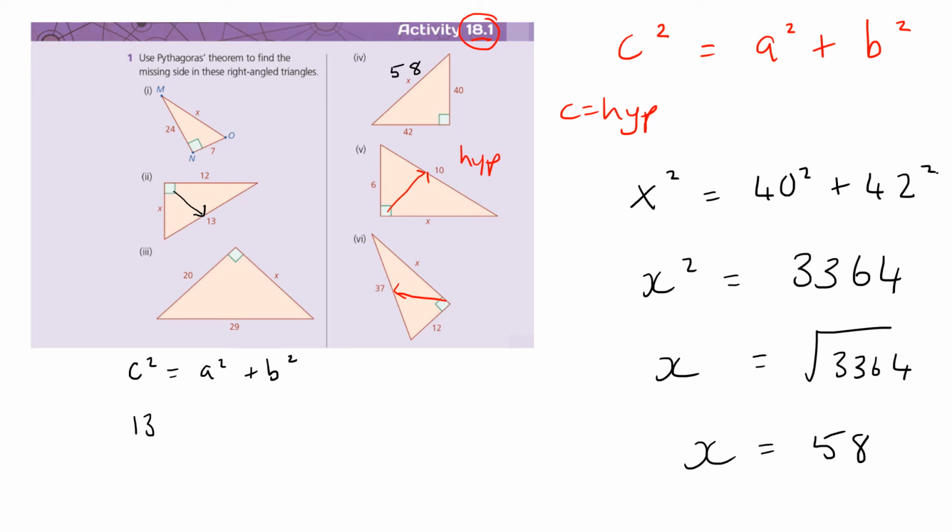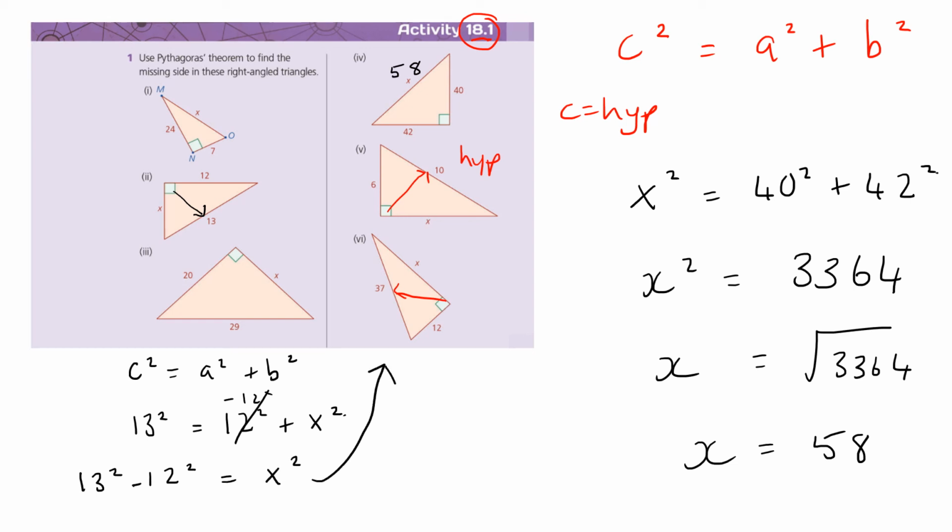So we have 13 squared is equal to 12 squared plus x squared. So what we want to do is get x squared on its own. So to do that, I'm going to say 13 squared, subtract 12 squared from here means I'm going to subtract 12 squared from here. So that's going to cancel out, and this is going to give me x squared.